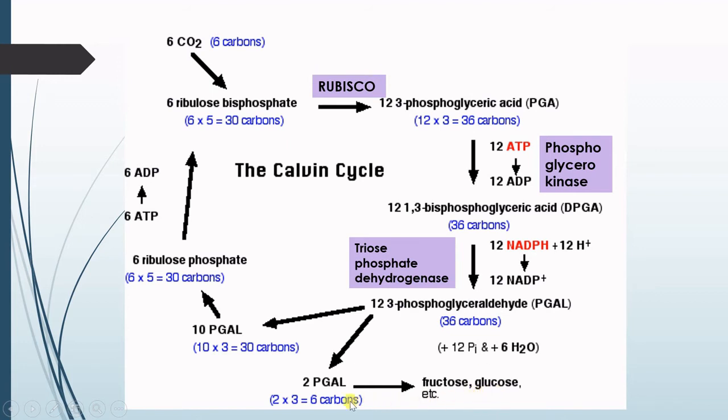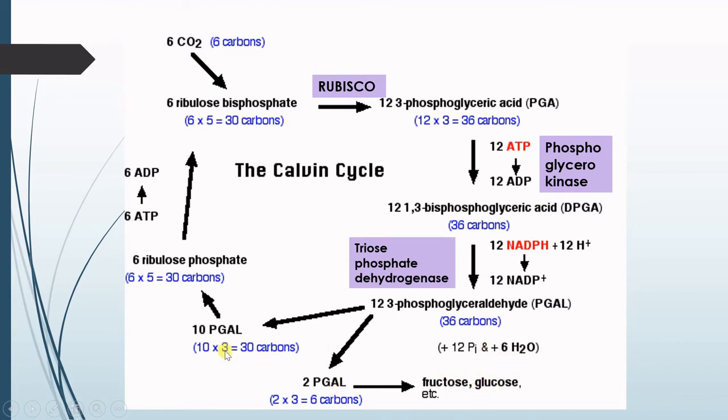So this is the reversal process of glycolysis of cellular respiration. That is why this process is termed as glycolytic reversal and formation of hexose sugar. So through this process, hexose sugar is formed in the C3 cycle.